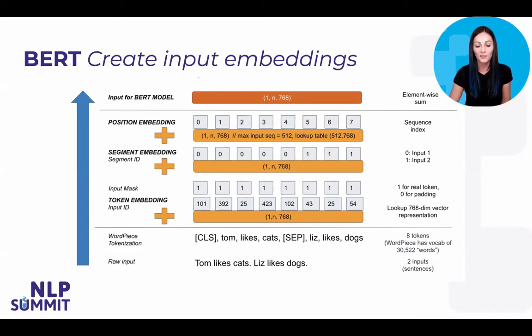And then we also do a segment embedding, which is just showing whether it belongs to input 1 or input 2. And also the position is important. So which token is on which position in this input sequence. All right, and then we do an element-wise sum of those embeddings, and we do have the final embedding for the BERT model.